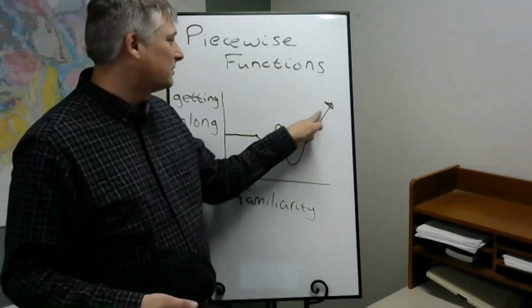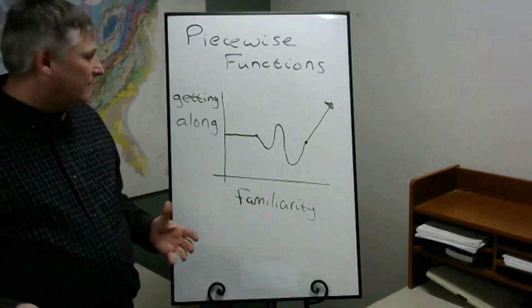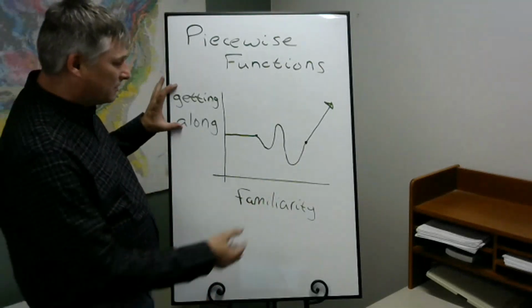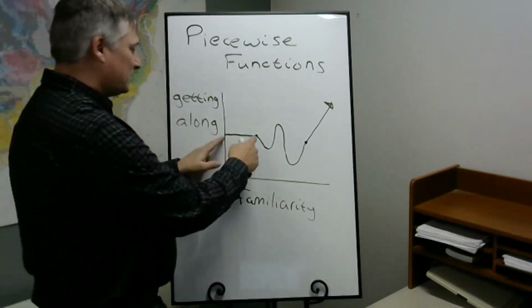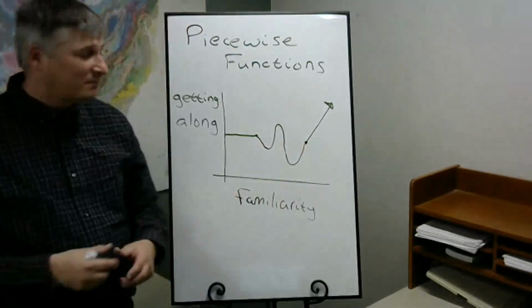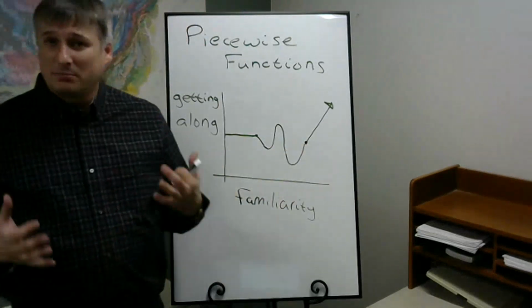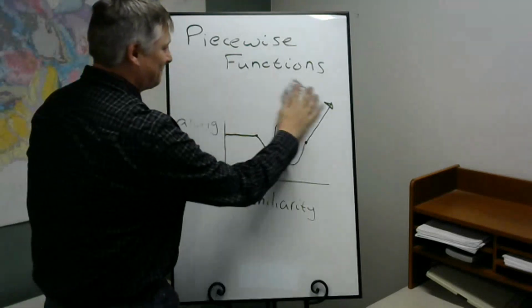And so the relationship becomes very fruitful. So the point is, the relationship between getting along and how well you know each other changes, sometimes rather suddenly. You go through different phases. And so this is the idea of piecewise functions. Let me give you another example.